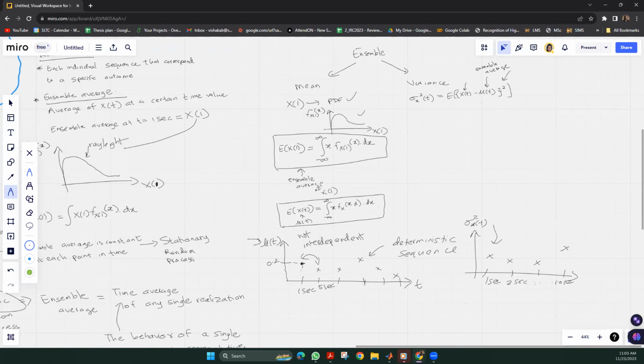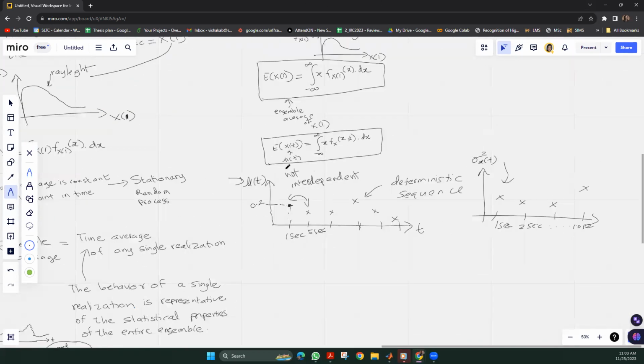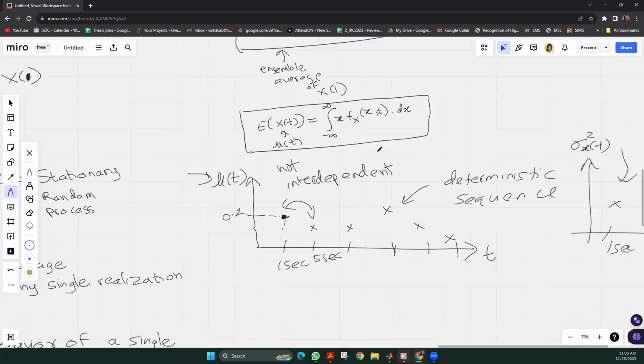They are not interdependent. Right? However, if we want to find the interdependency, there could be some dependency. Most of the time, in general, these two values are not interdependent.